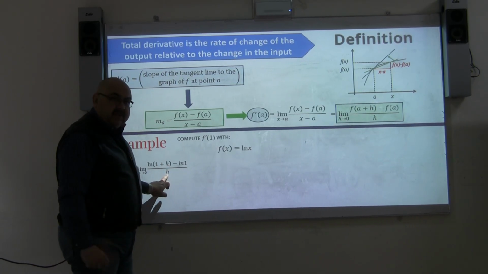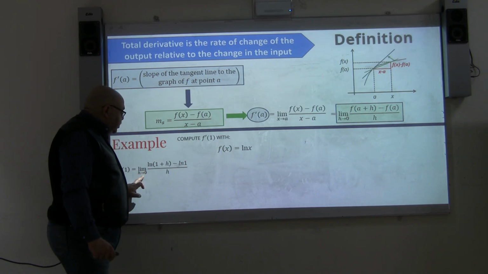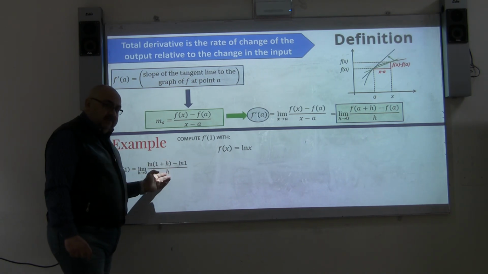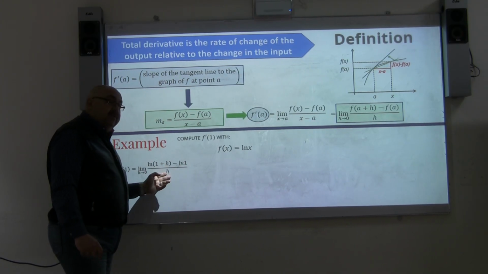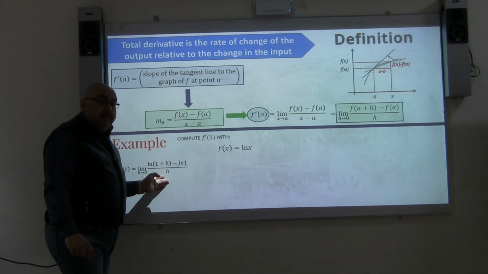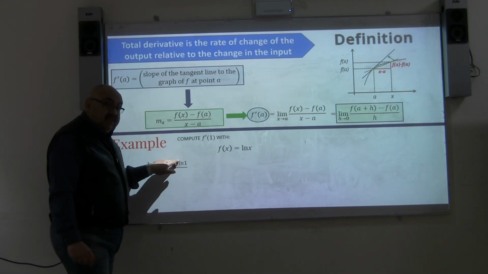Okay, let's simplify it. I know that when you substitute with h tends to 0, this is not going to be defined, because simply it's going to be ln 1 minus ln 1 over 0, which is 0 over 0. But yes, you are right, ln 1 is equal to 0, so this part disappears.